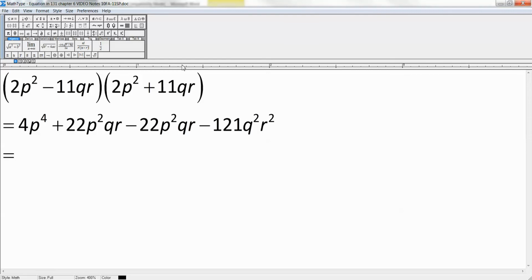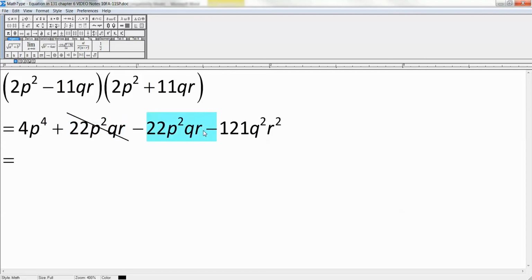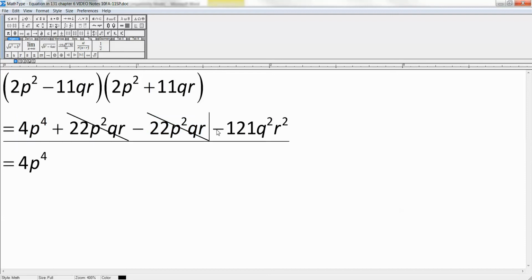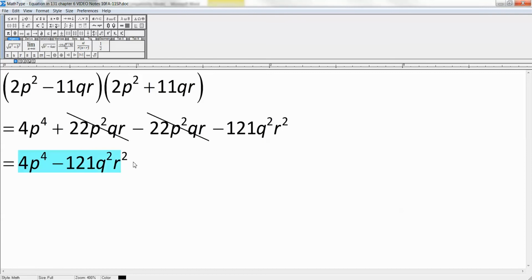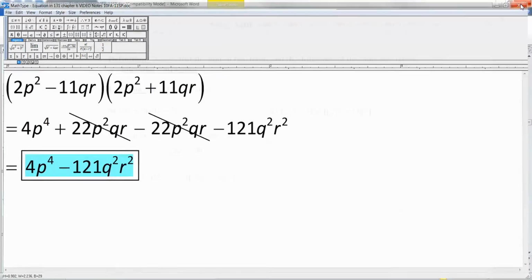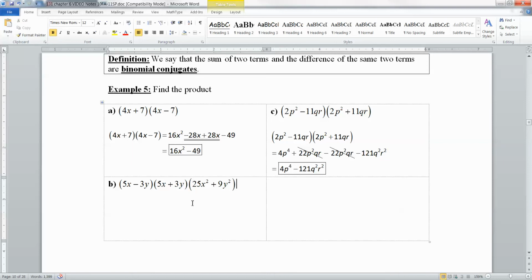So this is equal to 4p to the 4th. And then this middle term right here is going to disappear, because 22 take away 22 is gone, and you're left with 4p to the 4th minus 121 q squared r squared. Cool. So I added that one in. That was kind of new.